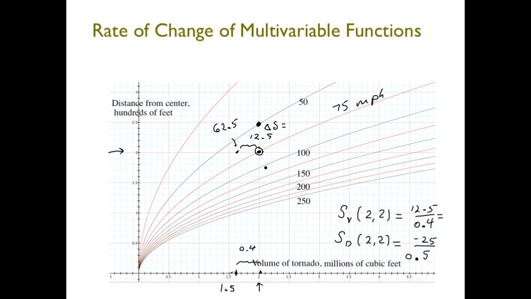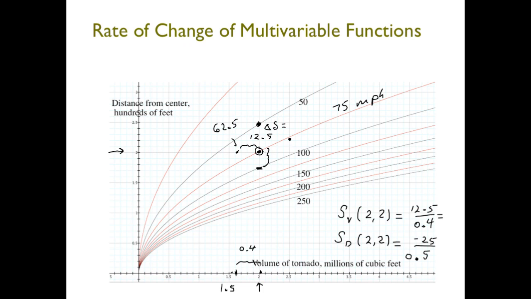See this right here? That's the same change of 25 miles per hour, but it has a smaller distance. So in this case, you might want to do them both and average them. It'd be more accurate to calculate that one, and then average them together.